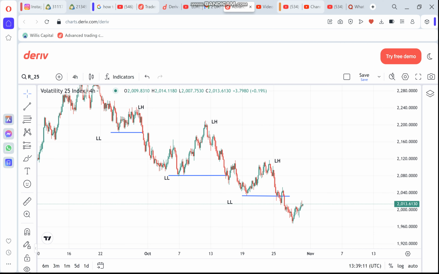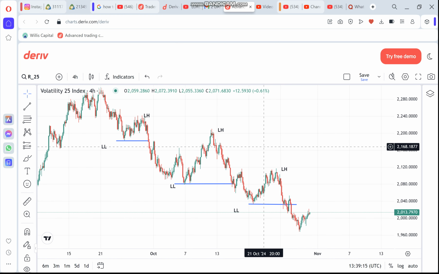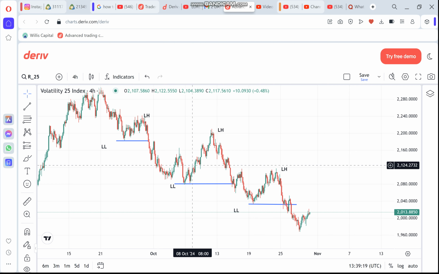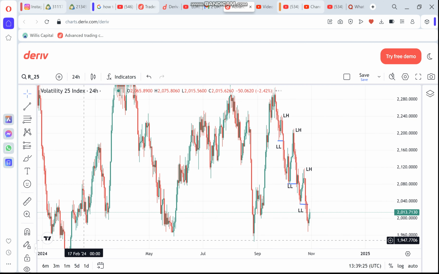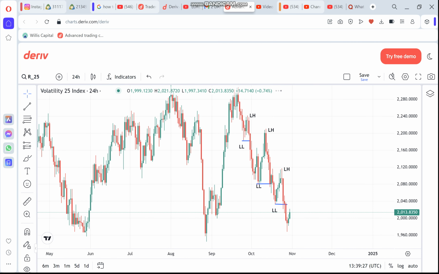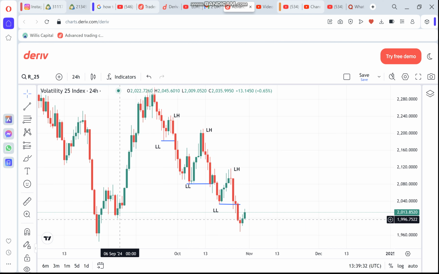And there's another way of knowing if this is a valid pullback or not. A valid pullback consists of more than 3 to 4 candles, 3 and above candles. As you can see here, this is a valid pullback. Why?